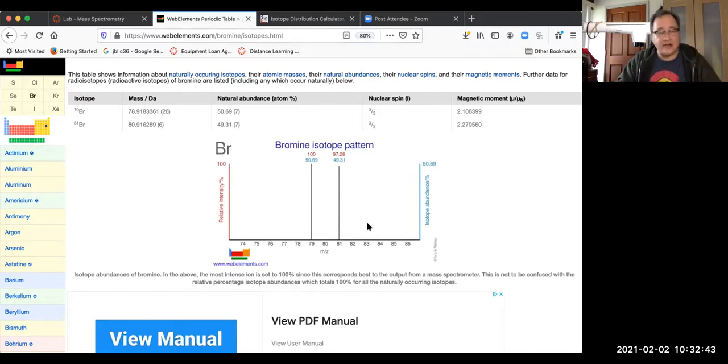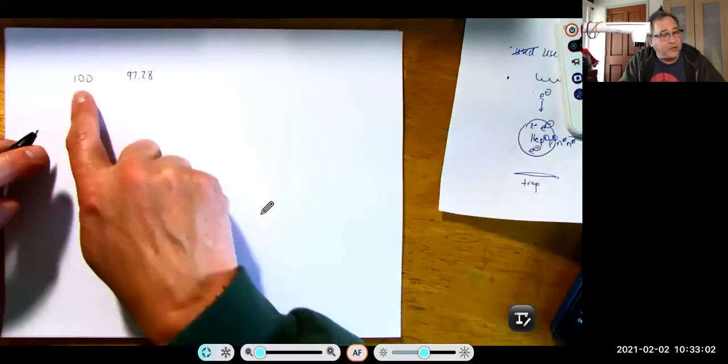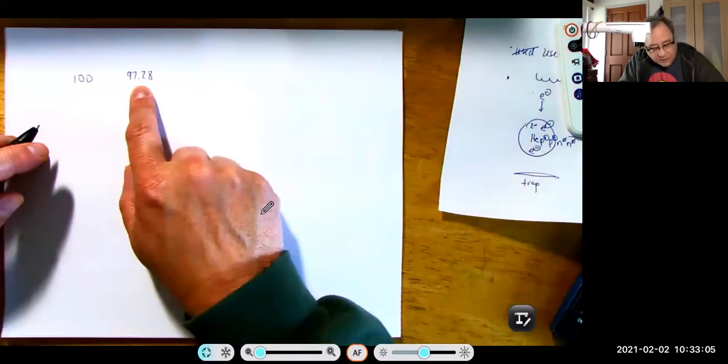Let's take a look at that very quickly here, just for practice. So I'm going to do a share screen that switches back to my paper. So one of the peaks is 100, the other's 97.28. Let's find out what this percentage is going to be.